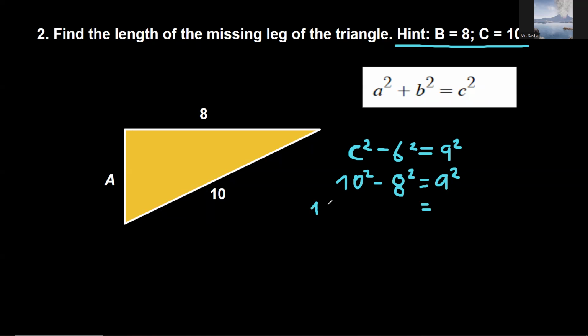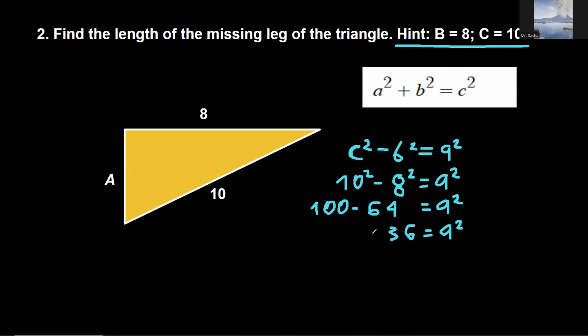Let me write it right here. 8 squared is 64, so we're going to put that right here. And then we have A squared there. Now, 100 minus 64 is 36. Let's put it there.